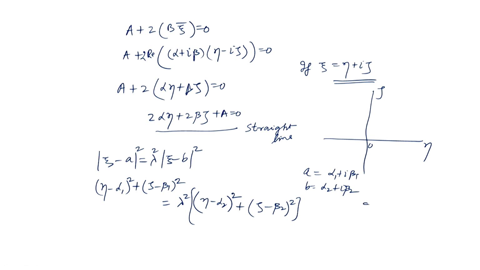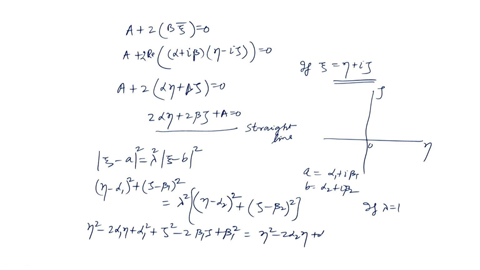Now, if lambda is equal to 1, then what will happen? You can open this: eta square minus 2 alpha 1 eta plus alpha 1 square plus zeta square minus 2 beta 1 zeta plus beta 1 square equal to eta square minus 2 alpha 2 eta plus alpha 2 square plus zeta square minus 2 beta 2 zeta plus beta 2 square.